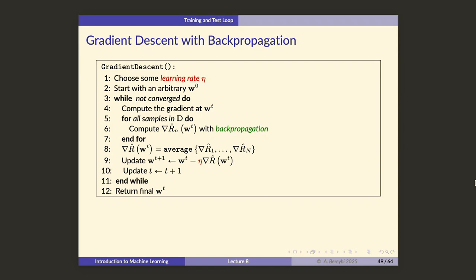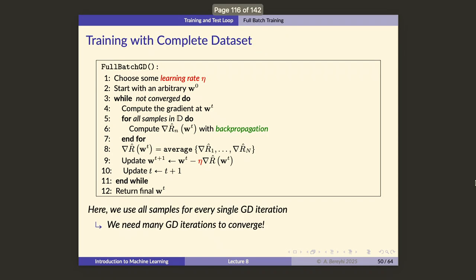Okay, so this is what we call full batch training. We do as many passes as samples we have inside our data set for computing one gradient, and then we can do one gradient descent step.